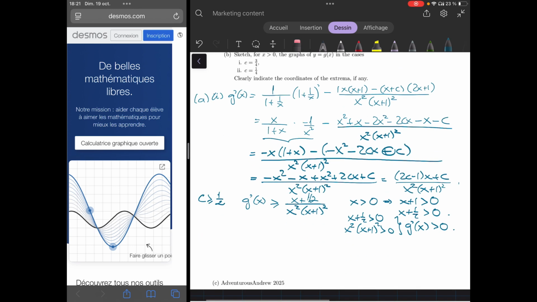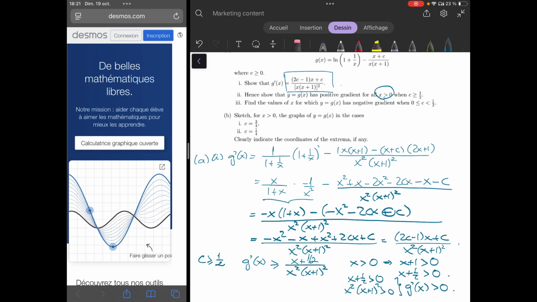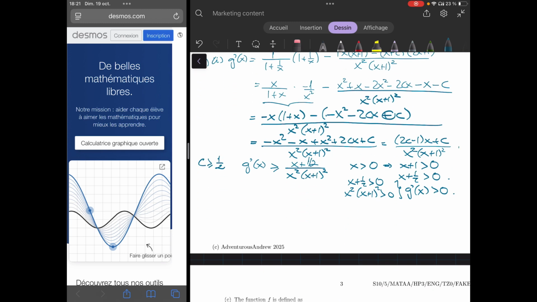Similarly, in part 3, find the values of x for which the function has negative gradient. g prime of x is less than or equal to 0 if and only if this guy is true. The denominator is strictly positive.